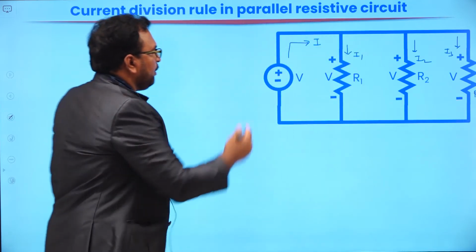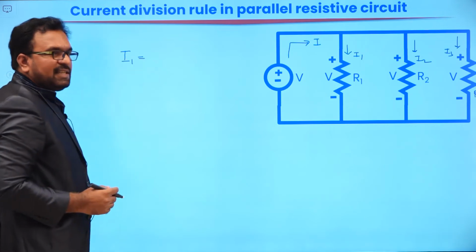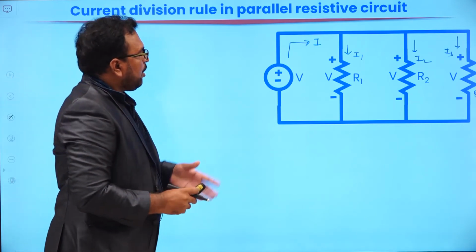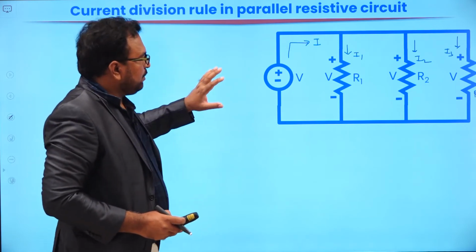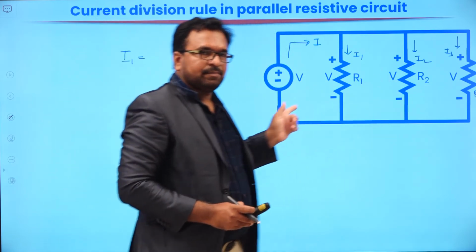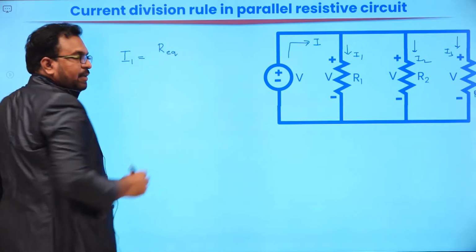Okay. Now if you want to calculate I1, the current flowing through resistance R1, how are you going to calculate it? By using the current division rule. First of all, you have to calculate the equivalent resistance, which we will term R equivalent.